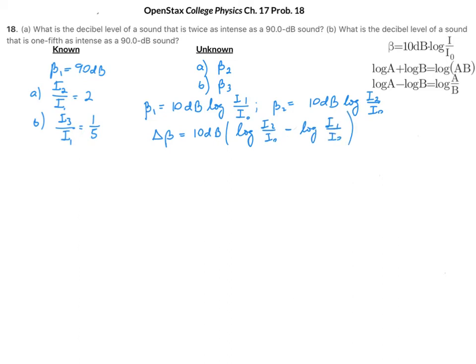Then I look at this identity and I see that my A is actually I2 over I naught, and my B is I1 over I naught.